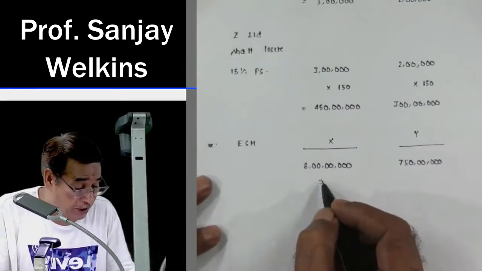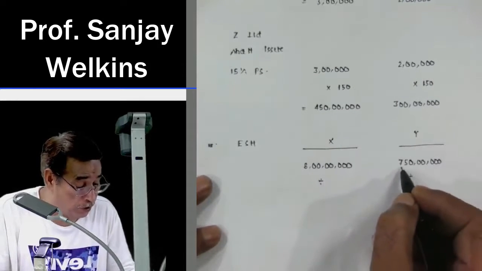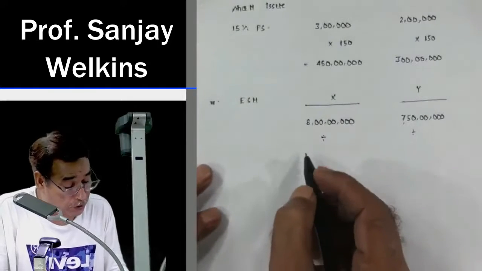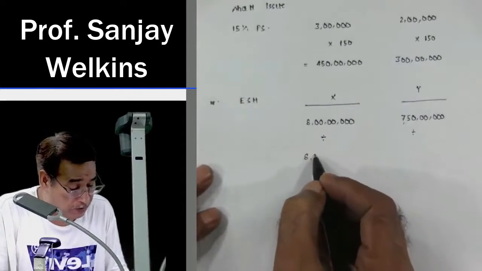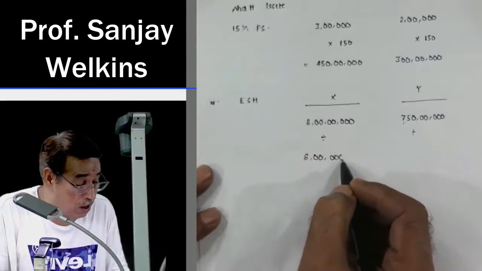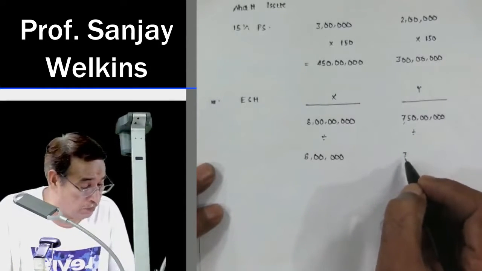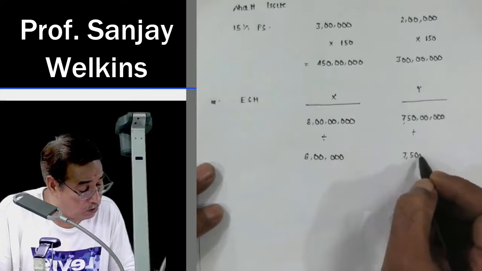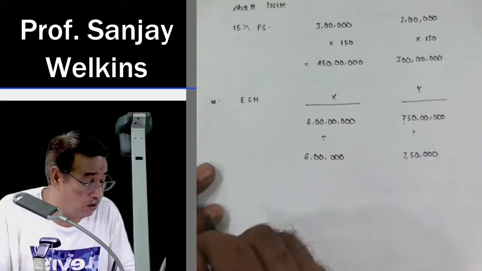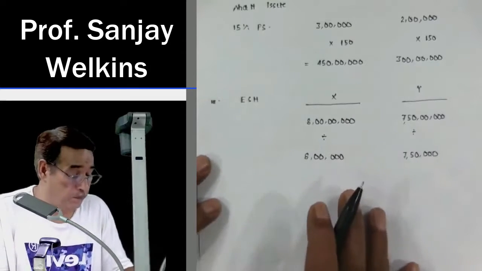Now first I divide it by 100 to get the number of shares. So the number of equity shares of X Limited we may say is equal to 8 lakhs. And the number of shares of Y Limited we can conclude is equal to 7,50,000. Correct?